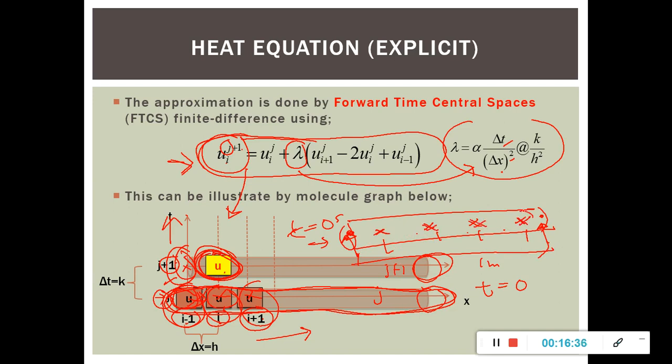Nilai haba pada keempat-empat lokasi ni saya tahu, saya mesti ada value dia. So initial value you must have, and also the boundary condition value, temperature at the boundary, also you need to have if you want to use the explicit method to do the approximation.